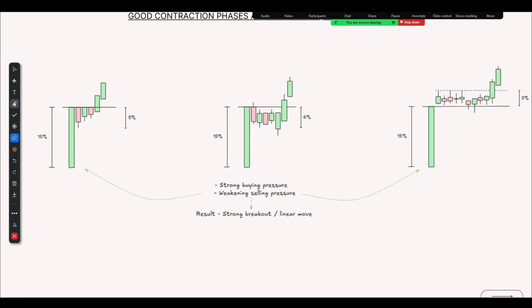Whenever we see this kind of price structure, right here, right here, right here, we can be sure that there is strong buying pressure present, which tells us that the selling pressure is weakening, and ultimately it gives us a strong breakout followed by a linear move. So whenever we are looking for a setup, we should look out for these kinds of contraction phases.